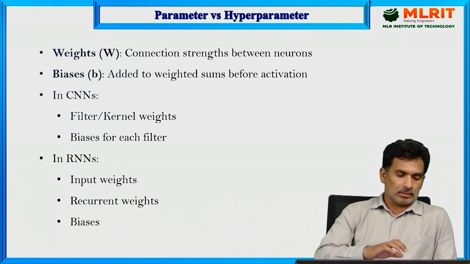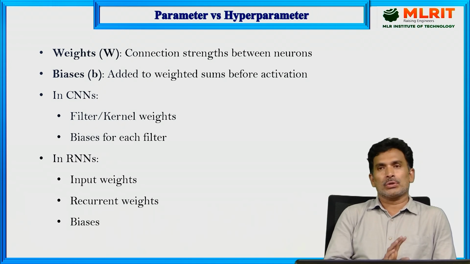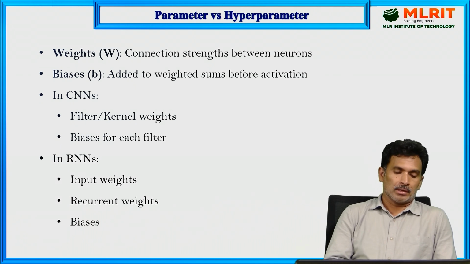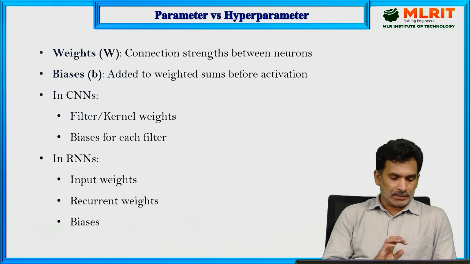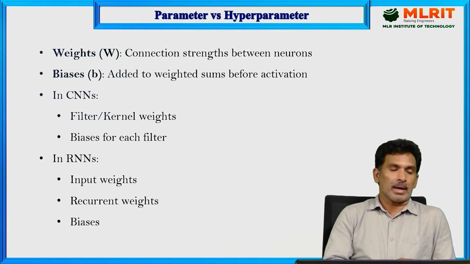In convolutional neural networks, CNNs, the parameters are the filter or kernel weights and biases for each filter. Whereas in recurrent neural networks, the parameters are input weights, recurrent weights, and biases.